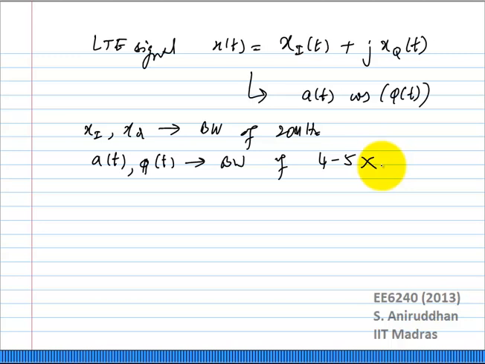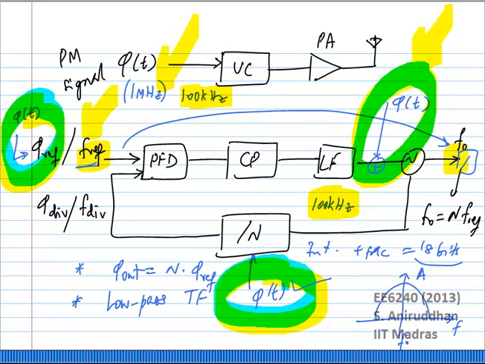Okay, so therefore you will find that these kinds of transmitters are not very good for modern dense signals, where the information in the in-phase and quadrature components are very wideband as well as very dense.